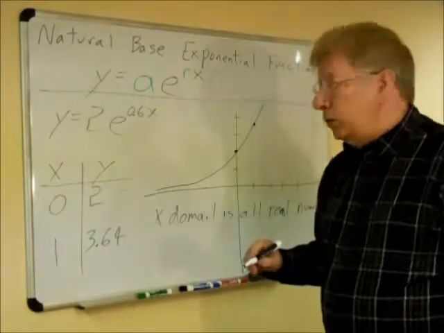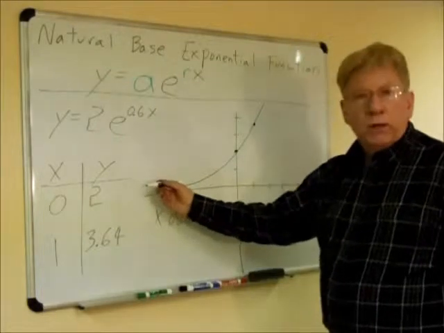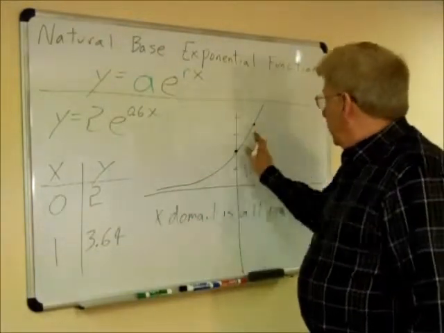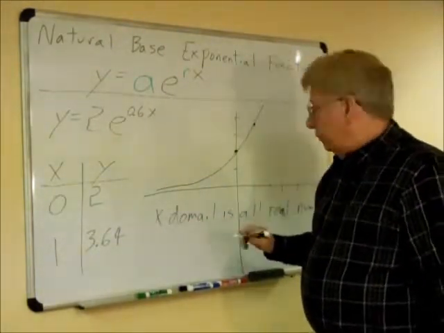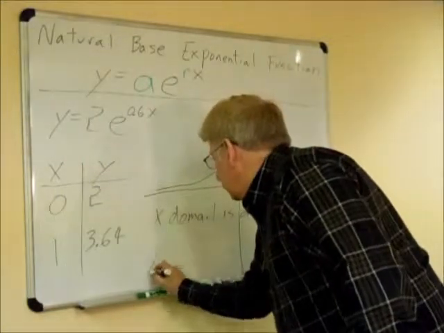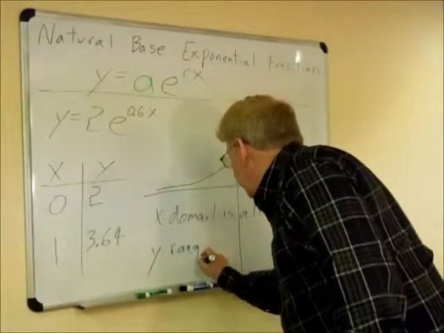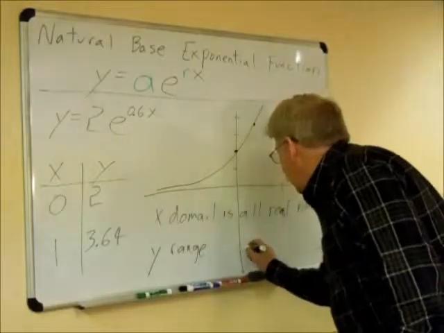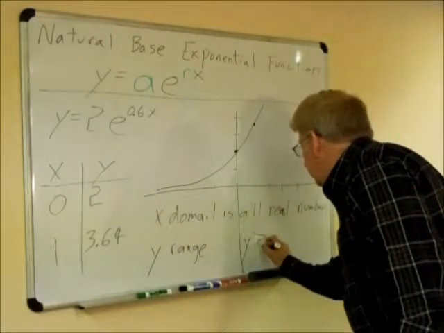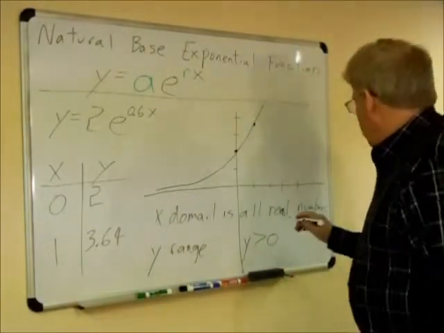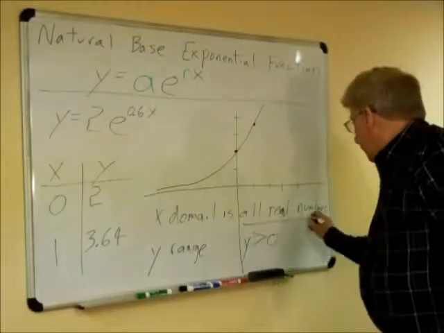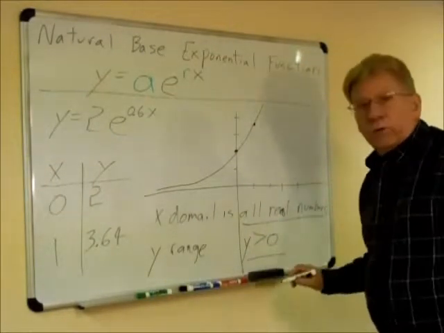As far as y goes, y approaches 0, but it never gets there, and it goes all the way up to positive infinity. So we can say that the y range is y is greater than 0. So the domain is all real numbers, and the range is y is greater than 0.